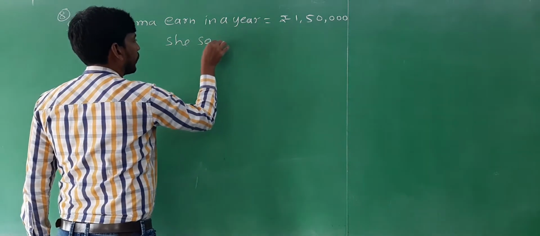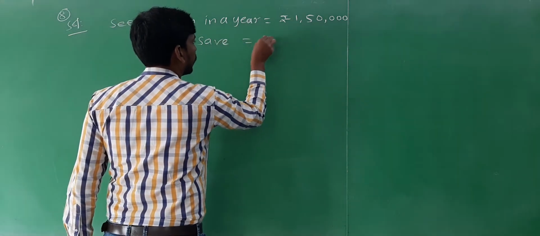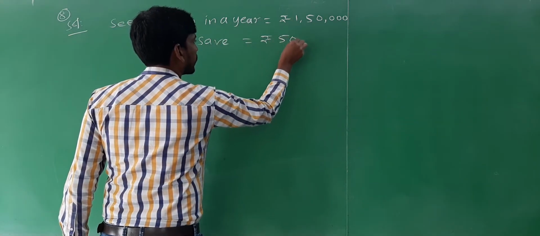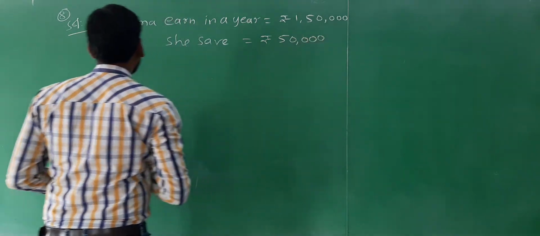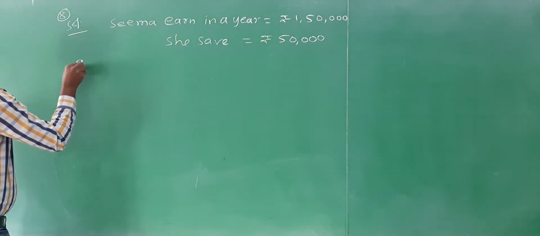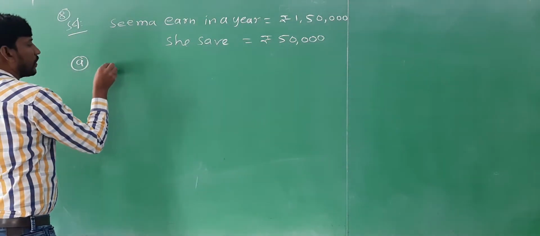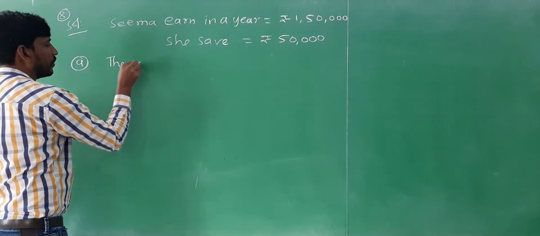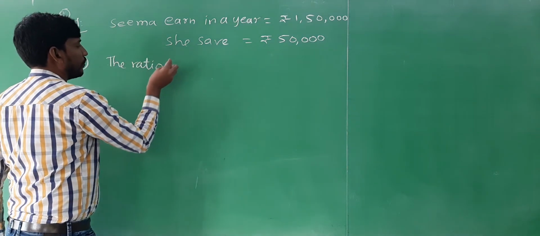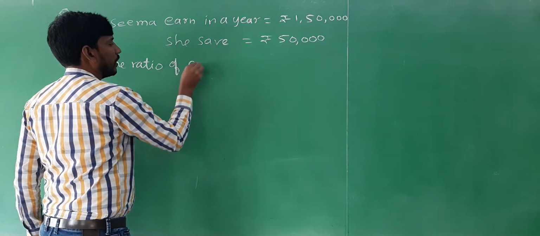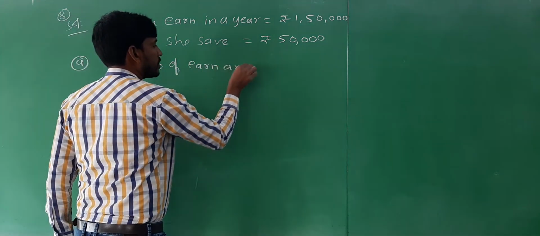She saved rupees 50,000. So now they are asking to find the ratio. First one is the ratio of earn and save.